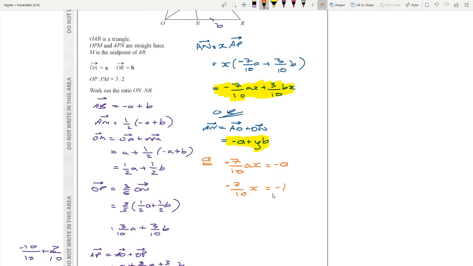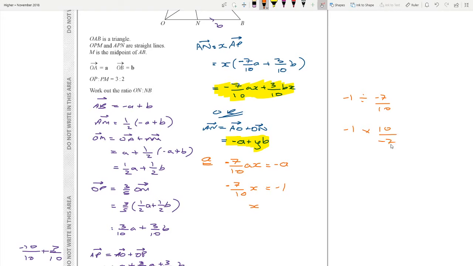So we're working out if minus 7/10 of x equals minus 1. Work out what x is, so basically the inverse. You can do it in steps as well. Here we're multiplying by negative 7/10, so when it goes over to this side, it becomes minus 1 divided by negative 7/10. The way we divide by a fraction: keep the first one as it is, so minus 1, change it, becomes 10 over negative 7.